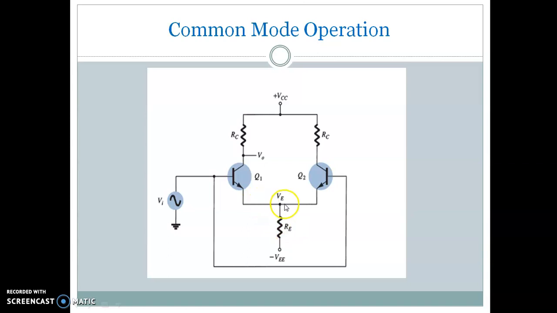If we assume that transistors 1 and 2 are perfectly matched, they rise by the same amount. So the current through the resistor RE will be twice the emitter current, because both of them enter into RE.